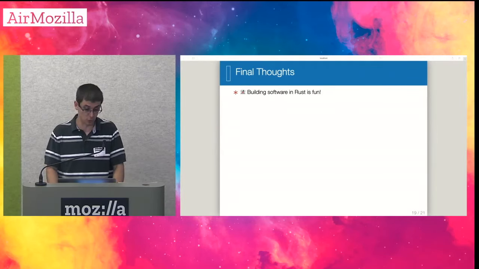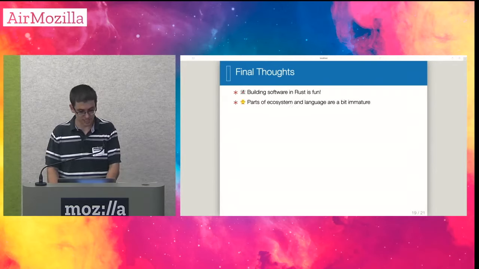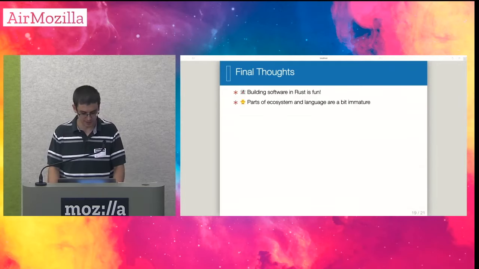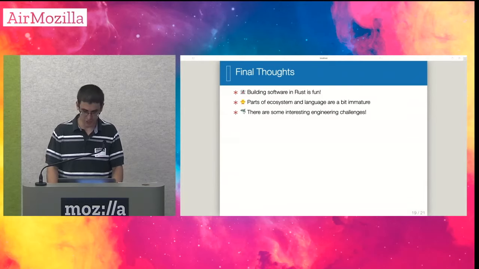Originally Rust was more of a systems language for replacing C and C++ or doing high performance things. So it was fun to figure out a lot of these things ourselves. I found that parts of the language ecosystem are a bit immature, which is expected given Rust's age, and there are some interesting engineering challenges.